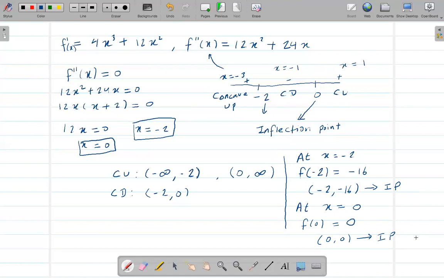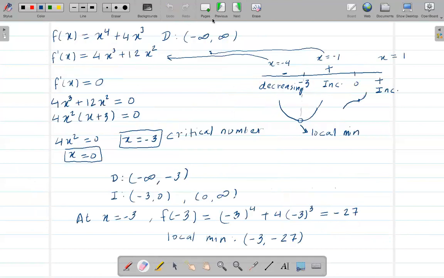After this, even though I haven't asked this, if a problem asks you to make a graph of a function, then as we see, we have found lots of points from this.